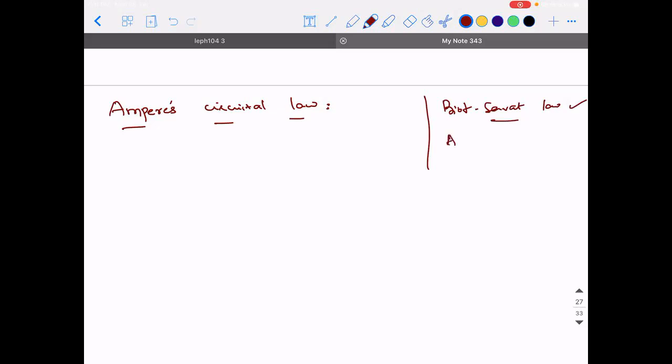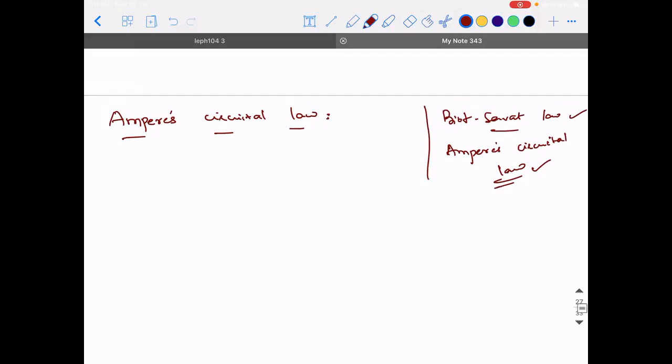No doubt in that. Next is Ampere's circuital law. It mainly speaks about finding the magnetic field for a symmetric system. So, Biot-Savart law serves the purpose solved by Coulomb's law in electrostatics.